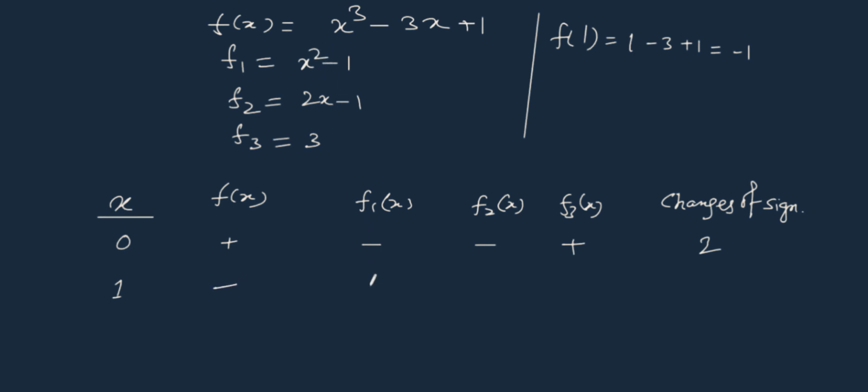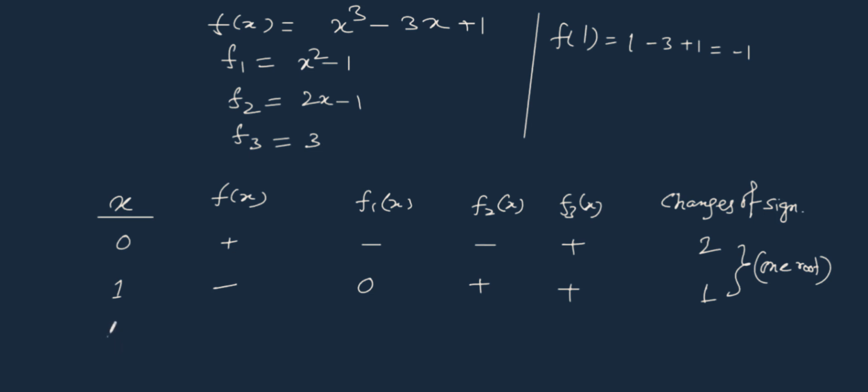For f1, this will be 0. This will be positive, and F3 is positive. So only 1 change. That means the theorem says between 0 and 1 there is a root. 1 root. Okay.